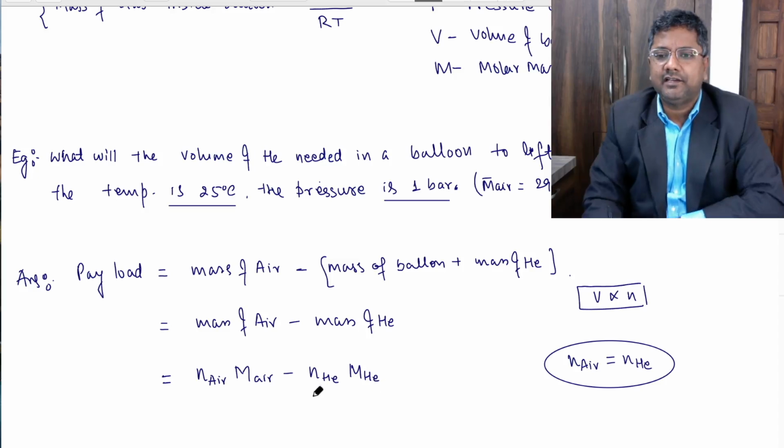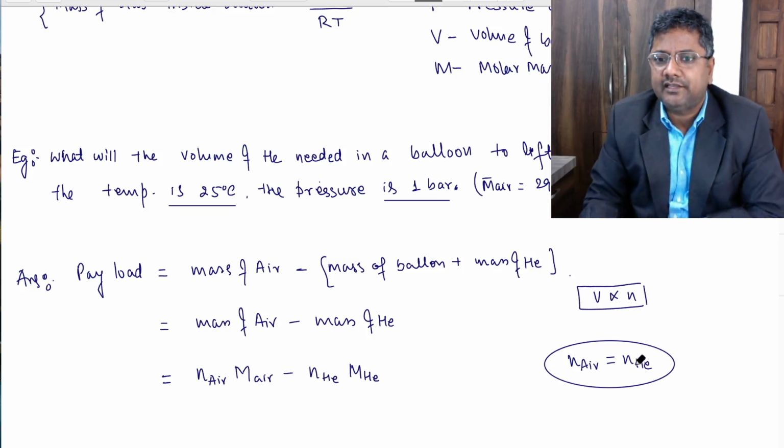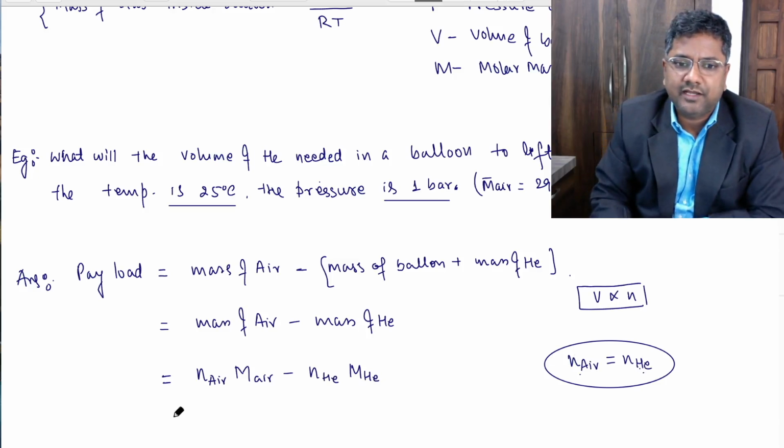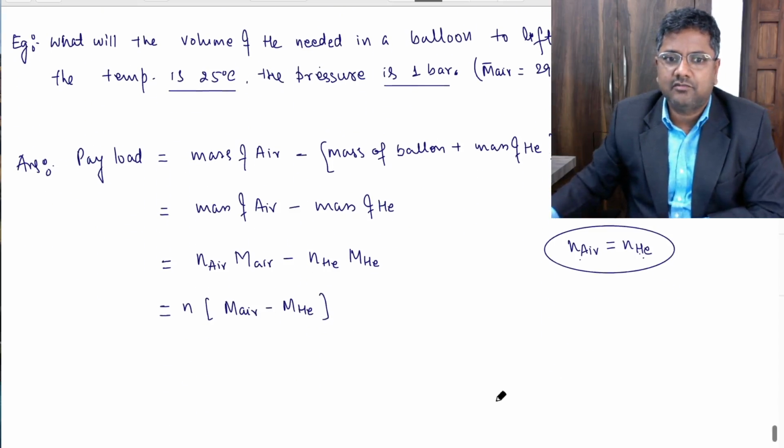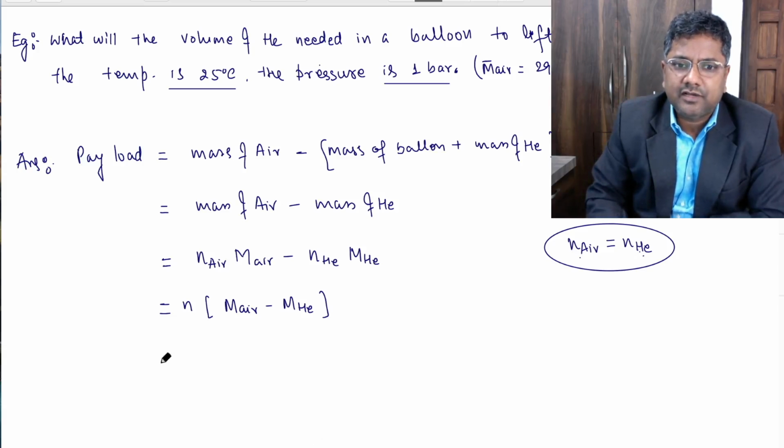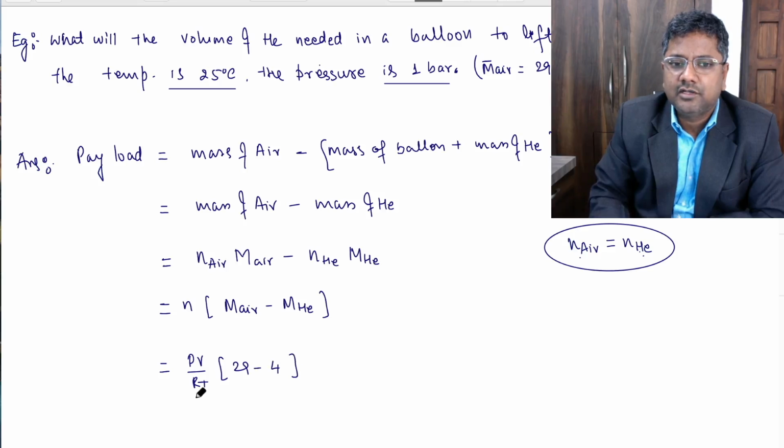So I have applied Avogadro's law here: moles of air is equal to moles of helium. So this is equal to n times the molar mass of air minus the molar mass of helium. Now your question is solved. In place of n, you can write PV by RT into molar mass of air 29 minus 4. So this is equal to PV by RT multiplied by 21.